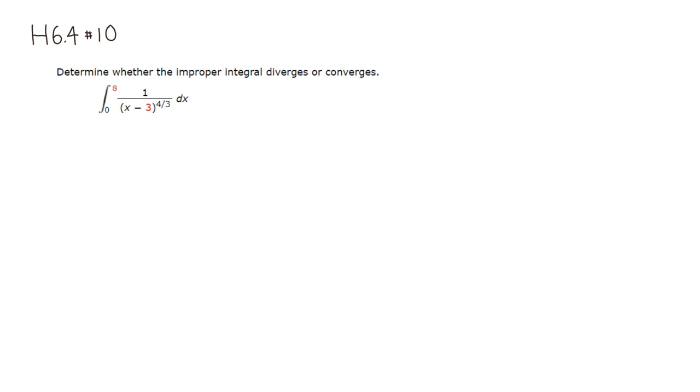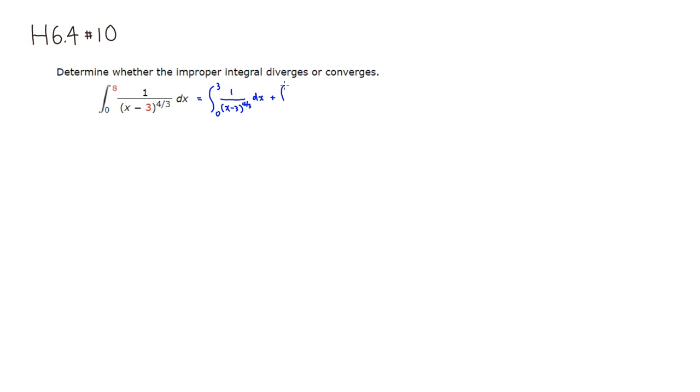So what we can do is split this interval into two. The first one starts from 0 and ends at 3, with the same integrand, 1 over quantity x minus 3 to the 4/3 power, with respect to x.